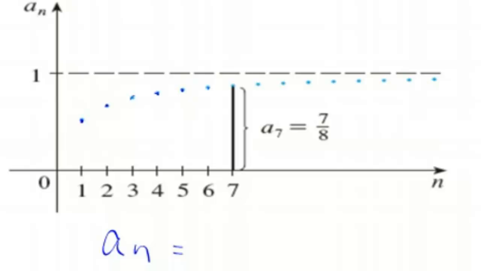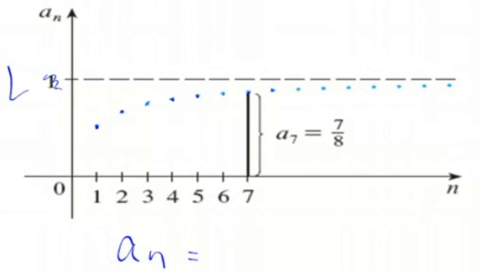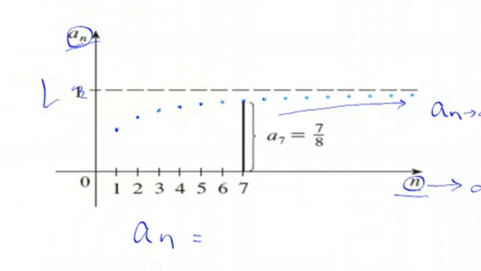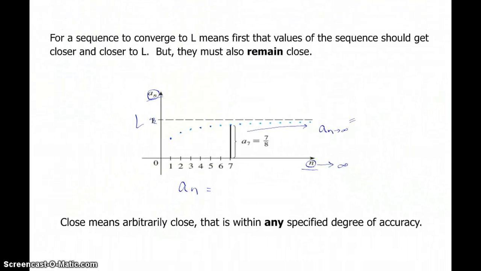As n gets larger and larger, and we'll call this a value of L, it doesn't necessarily have to be 1, it could be any value, we see that as n tends toward infinity, the elements, if we put them in the plane, the n, A sub n plane, where n is the inputs and the elements are the outputs, are heading closer and closer to a single value.